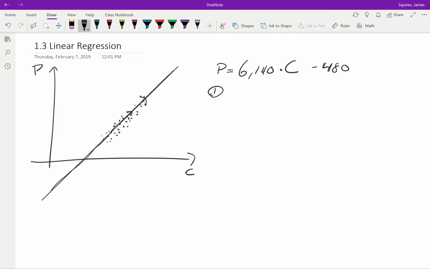So let's look at this line. What does this 6,140 mean? Well, that tells us as carat size increases by 1 unit, the price of the diamond is going to increase by 6,140. So that's the slope.